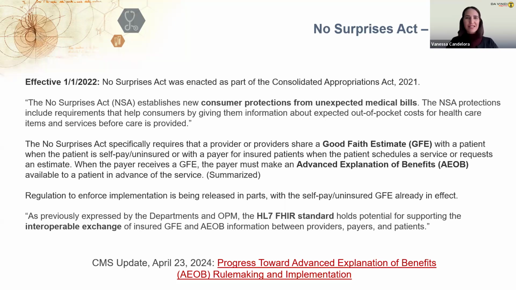There's some loose expected timelines of March of 2024 for a notice of proposed rulemaking, or NPRM, based on the unified agenda. In a recent April 2024 CMS update on progress towards the AEOB rulemaking, they did mention that they are seeing the HL7 FHIR standard and the work that Alice and I and the whole community within DaVinci for patient cost transparency holds potential for supporting an interoperable exchange of insured GFE and AEOB information between providers, payers, and patients.